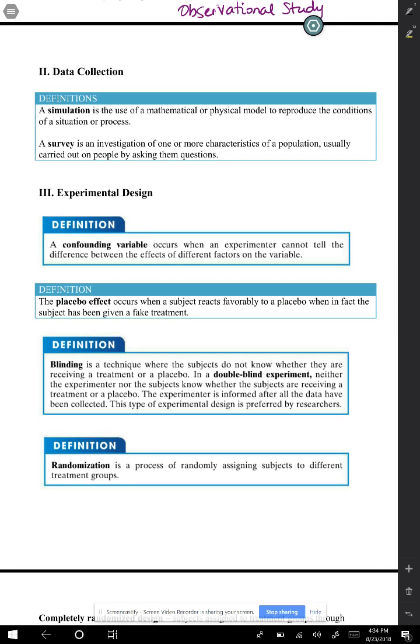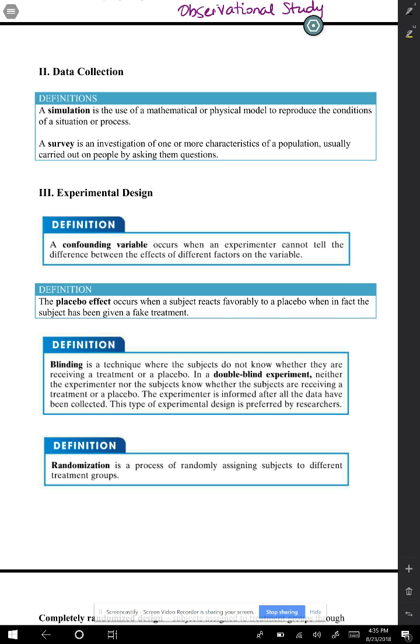All that's involved here, we have just a couple of definitions to explain how you can collect data, and then we'll move on. Simulation is the use of a mathematical or physical model to reproduce the conditions of a situation or process. I'm sure you've heard of simulations before when, for example, they do crash dummy tests on cars and they simulate wrecks happening.